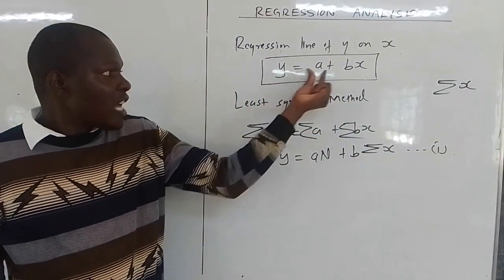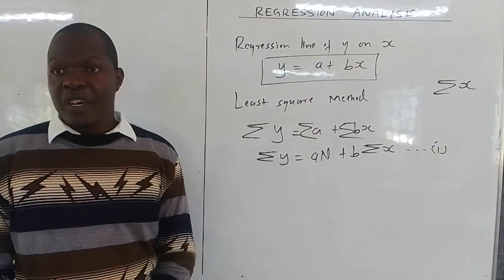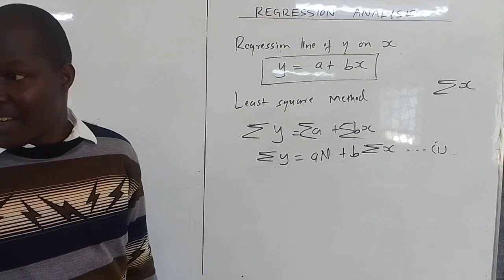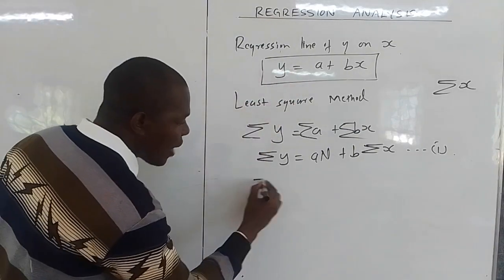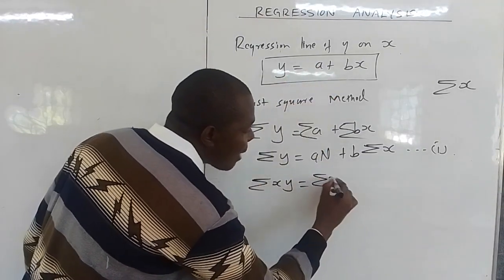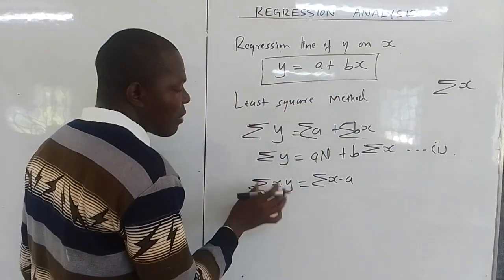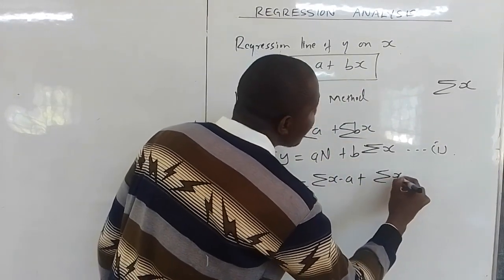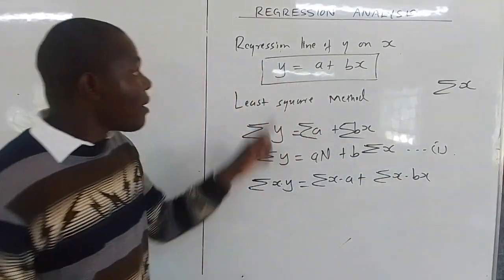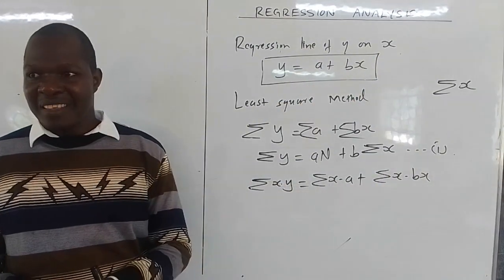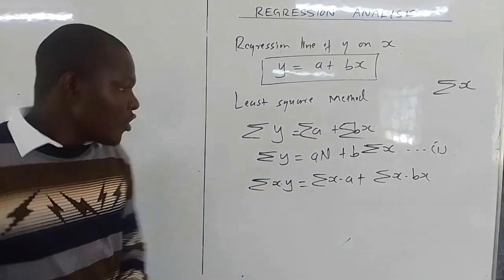Summation x will multiply each and every term, isn't it? So here summation x times y, you get summation x times y, then summation x times a, then plus summation x times bx. You multiply both sides of the equation by summation x, you get that, isn't it?